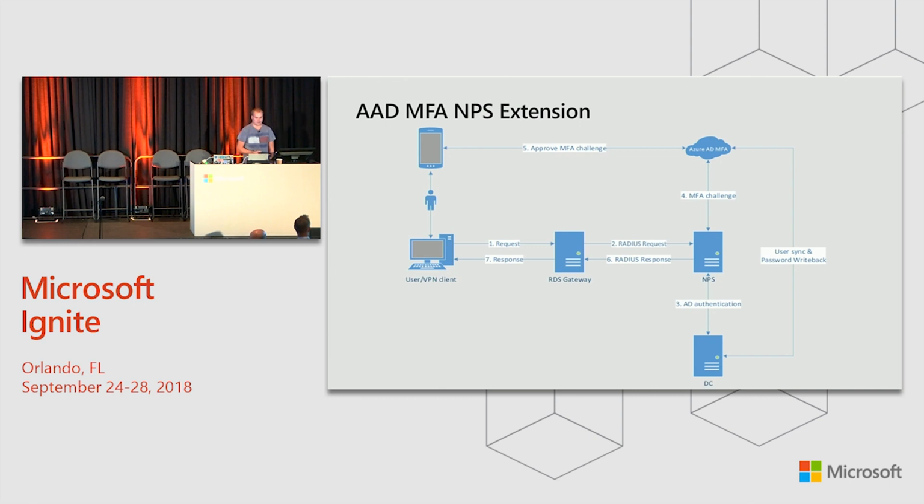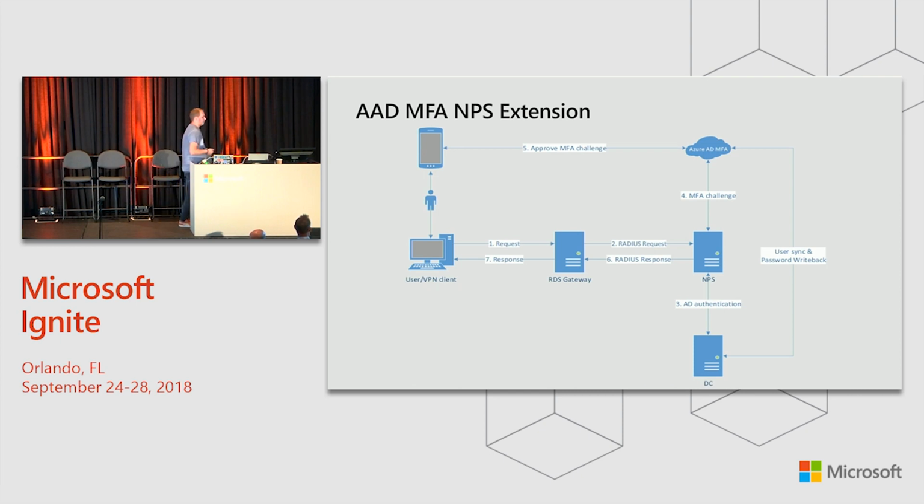And this is just a diagram of that. So the user is requesting access to an RDS gateway here. That request is sent to our NPS server, which then authenticates to our AD, and then to Azure AD, which sends the multi-factor challenge.